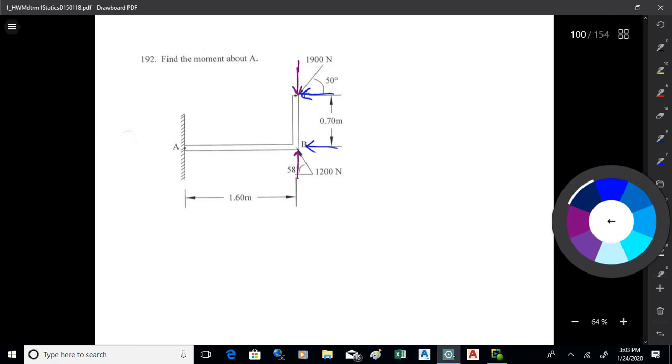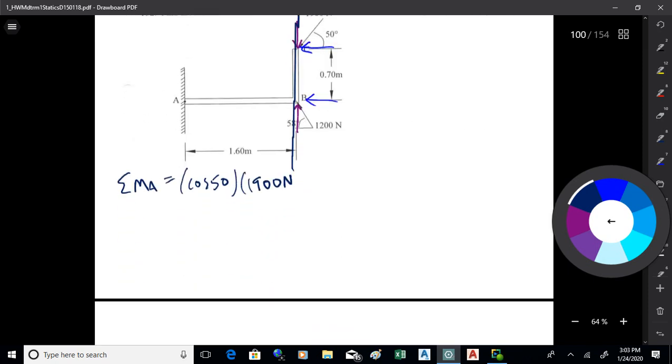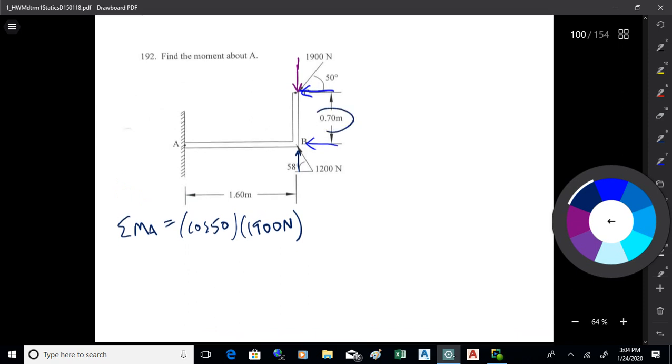You could sum moments about A again, and for instance, you'll have cosine 50 times 1900 newtons, and that's got a moment arm of 0.7 meters. So that's an X force, and that's the Y moment arm.